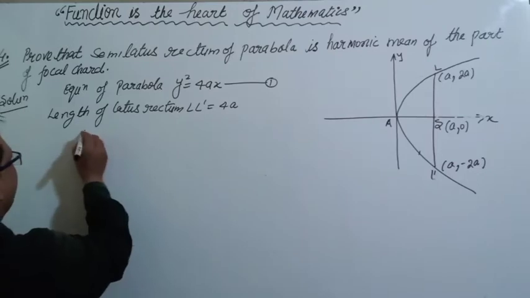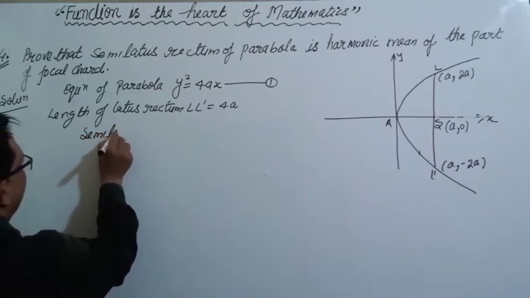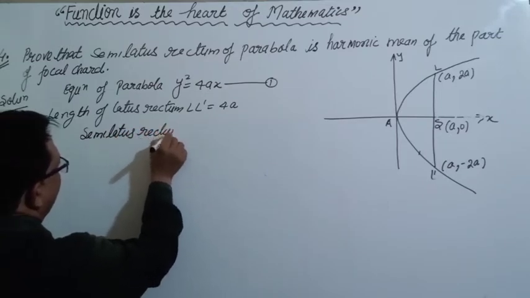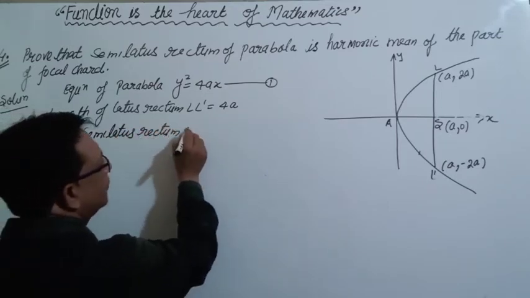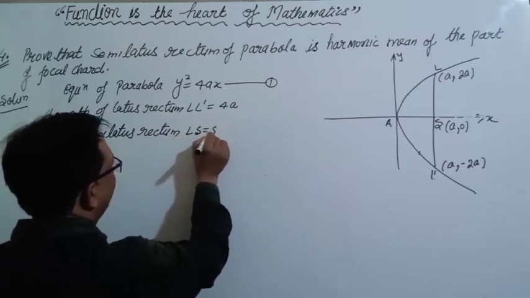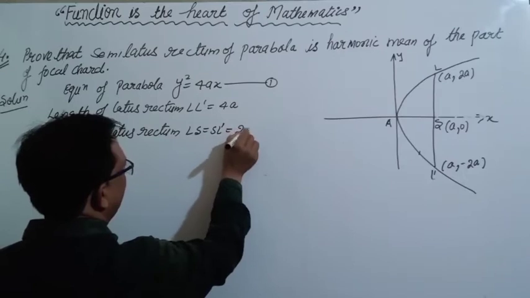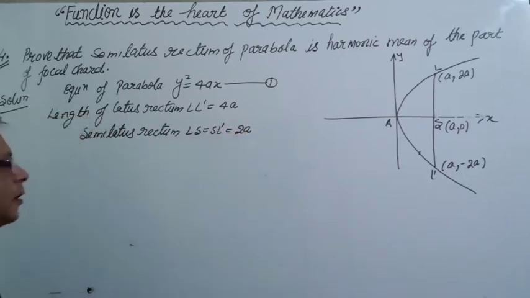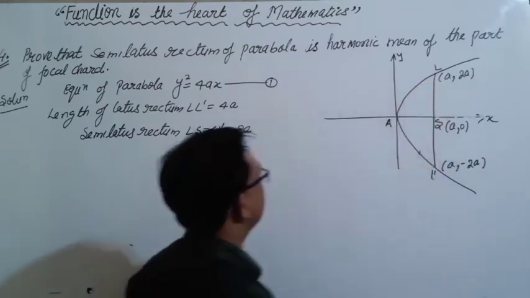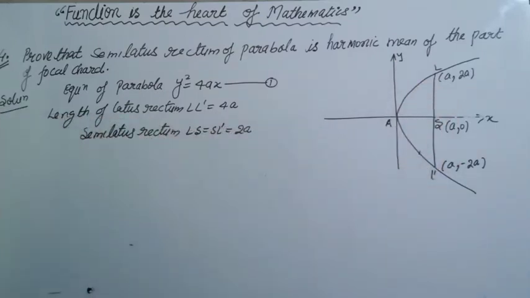And the semi-latus rectum is LS, which is equal to 2a. This is the semi-latus rectum, and the total length is the latus rectum.